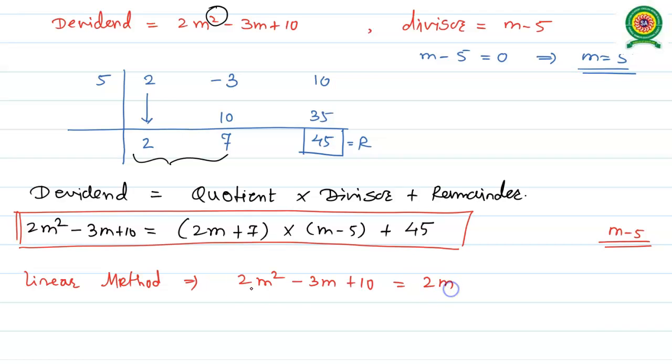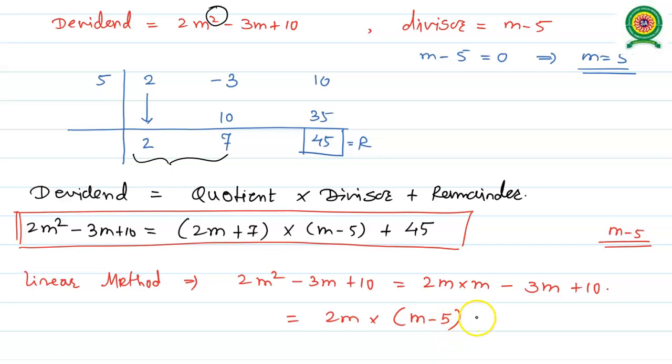We write 2m² as 2m into m, then −3m + 10 as it is. Now replacing m by the divisor m − 5, when we distribute 2m over the bracket we get 2m² and 2m into −5 gives −10m.